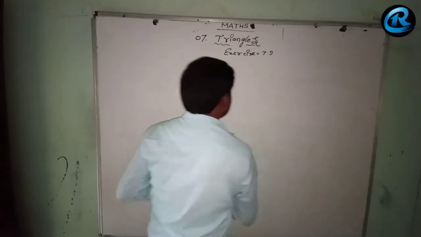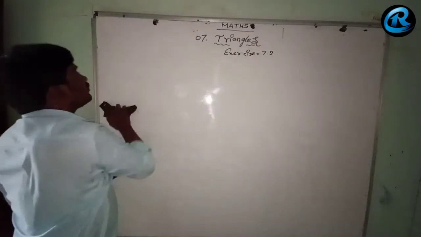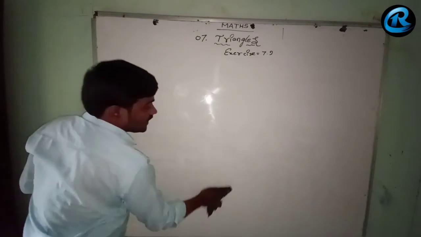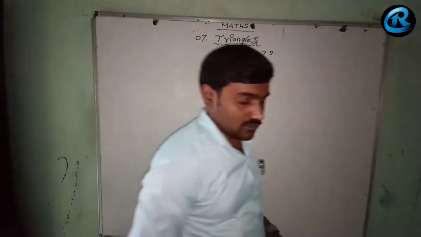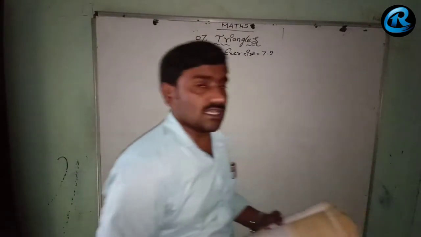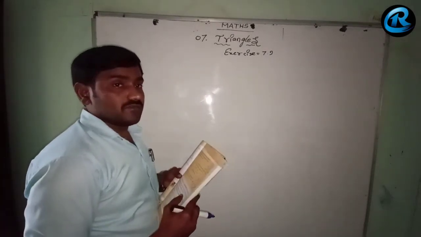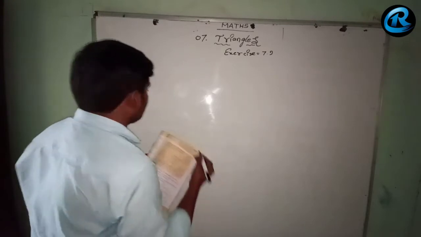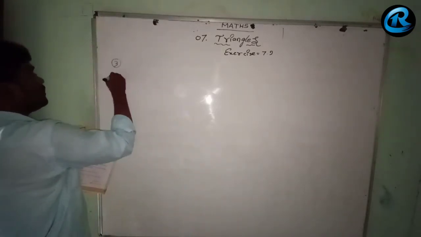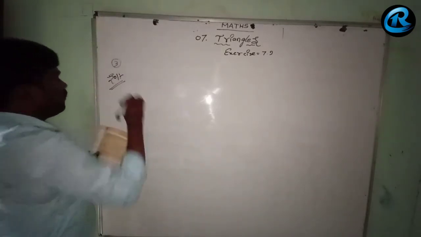The third question is based on altitudes. If two altitudes which are equal are drawn on equal sides of a triangle. Now if you see the third question's solution, you can understand what is what.